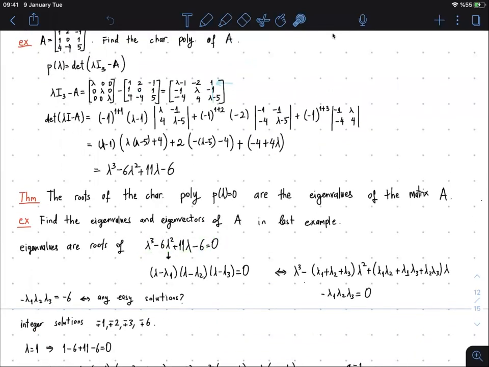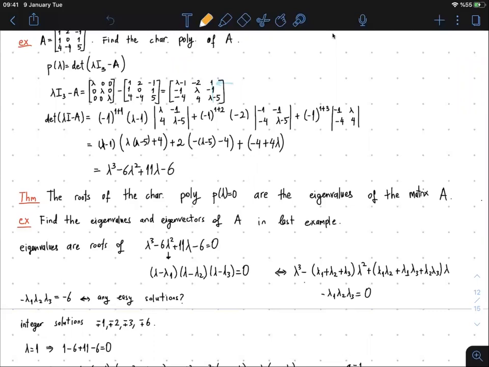Now, how can we find the roots? There's an important theorem in mathematics about polynomials, which says that you can find an exact formula for the roots of quadratic polynomials, which are polynomials of degree 2, which we all know, okay?